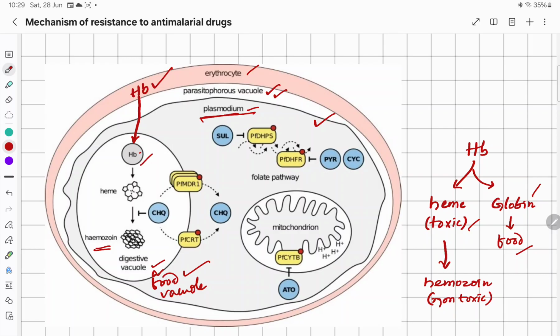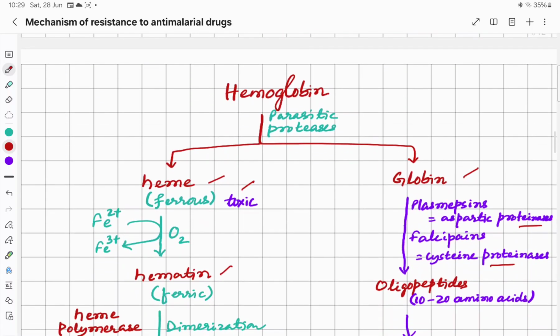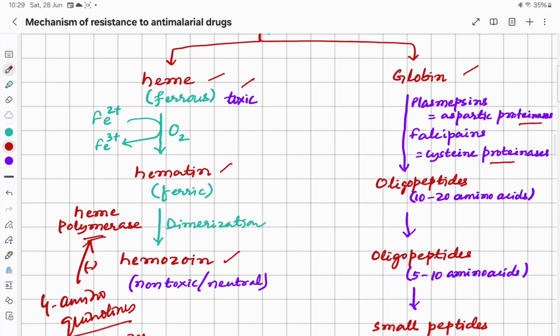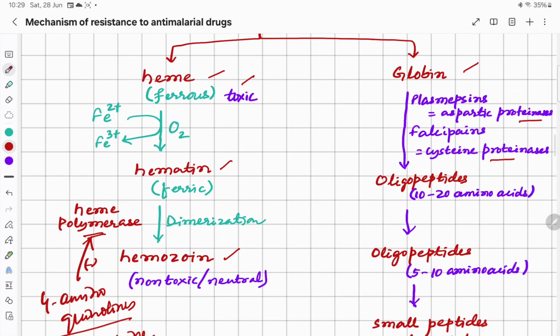This hemoglobin is divided by parasitic proteases into heme and globin. Heme is the ferrous form, which is toxic to the parasite, and heme is converted to hematin, the ferric form, and then dimerized by the enzyme heme polymerase to hemozoin, and hemozoin is non-toxic or neutral to the parasite.